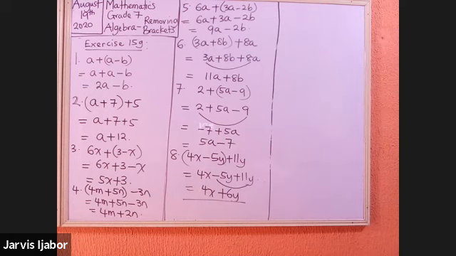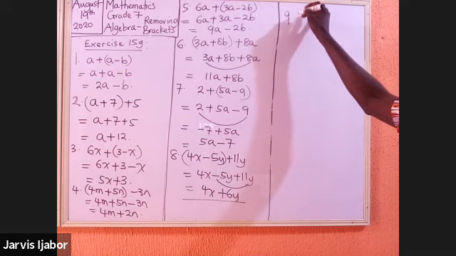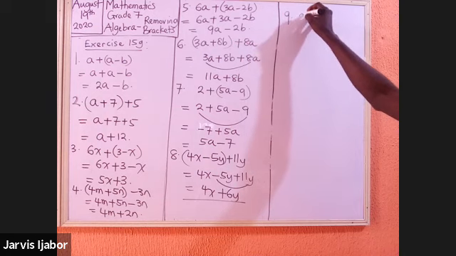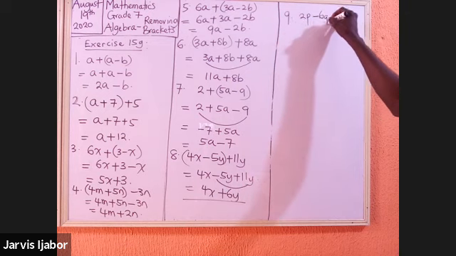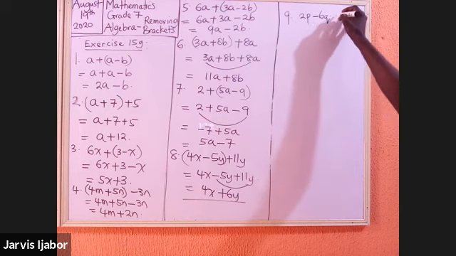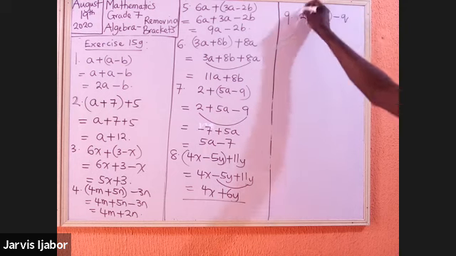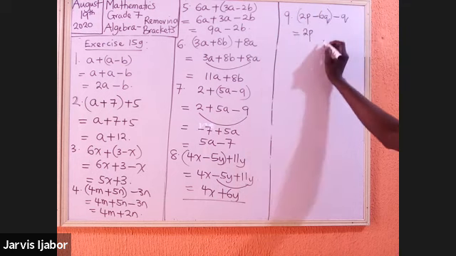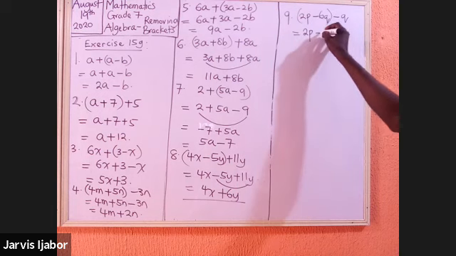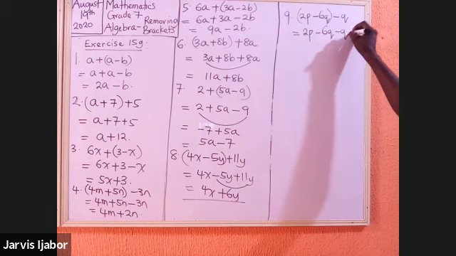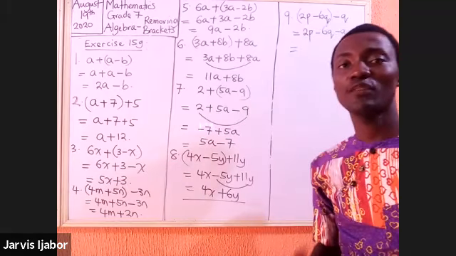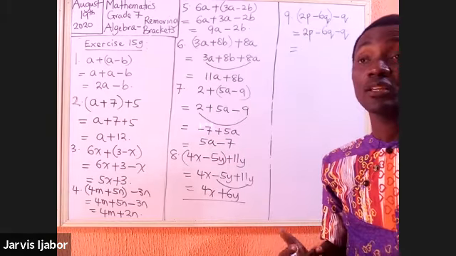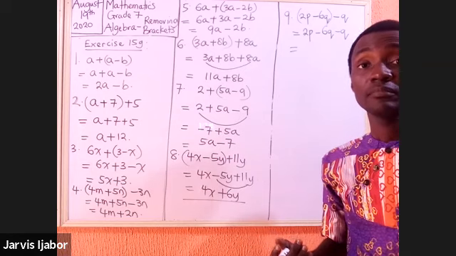In question 9, you have 2p minus 6q minus q. So this will be 2p minus 6q minus q. Now let's look at this. I know before now you have been told that if you have two positive numbers, you add them, you get your answer.